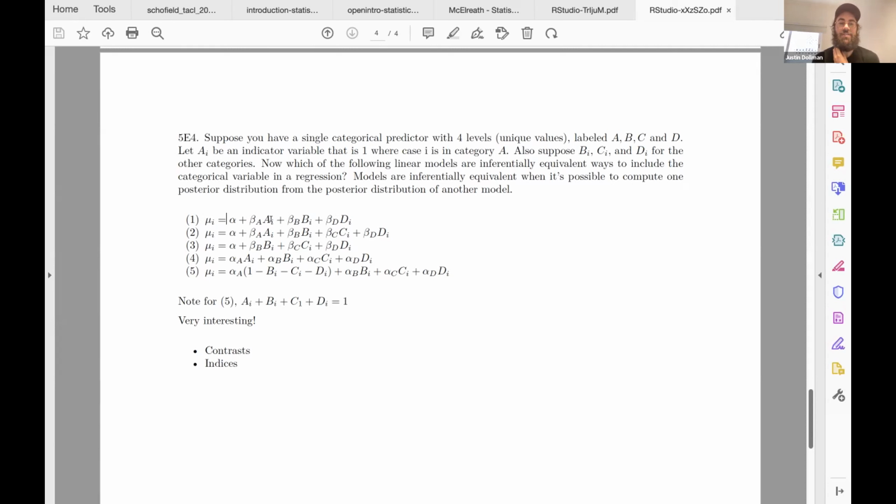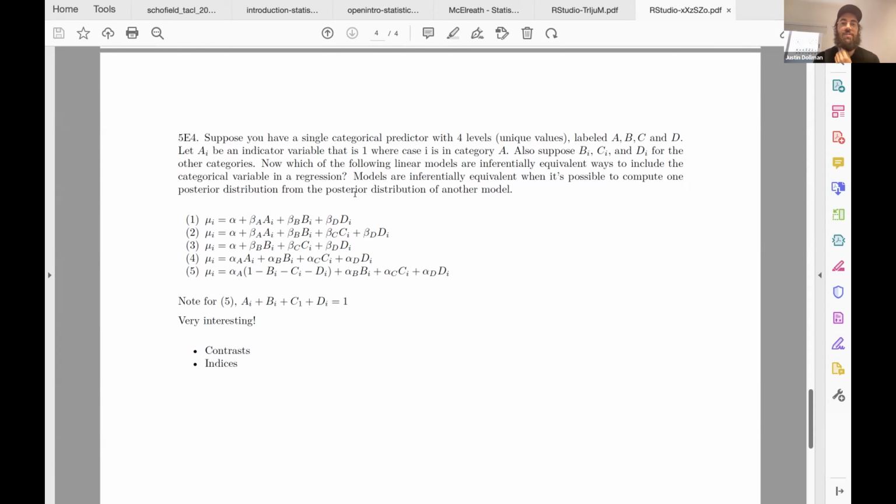What beta A would be is the difference between A's expected value and C's expected value. Beta B would be similar, the difference between B's expected value and C's, and likewise for D. So your posterior distributions would be on all 4 parameters, and these would be the differences.